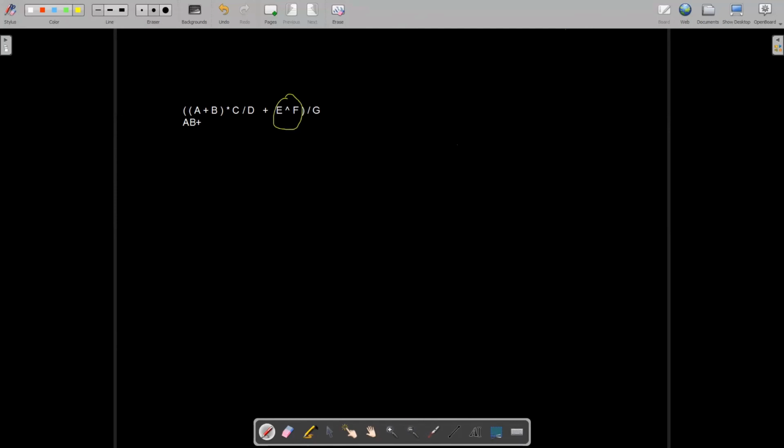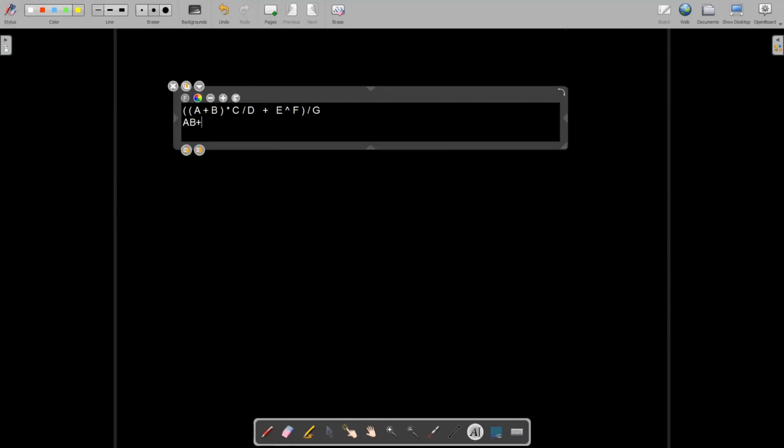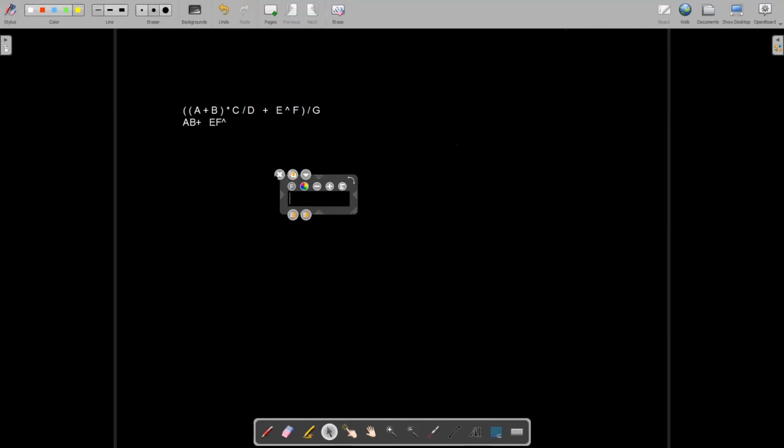Exponentiation has to be done first, because its priority is more than multiplication and division also. So I will leave some space and here I'm going to write E, F and exponentiation. So this part is done. We will mark them. First, this part is done and this part is also done.